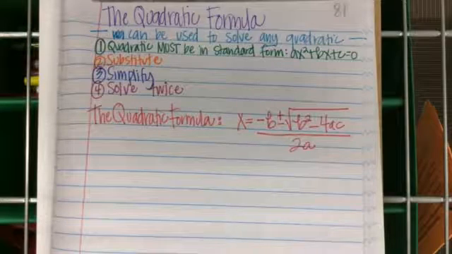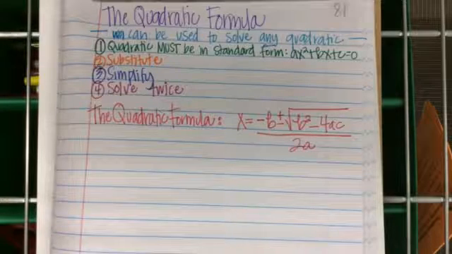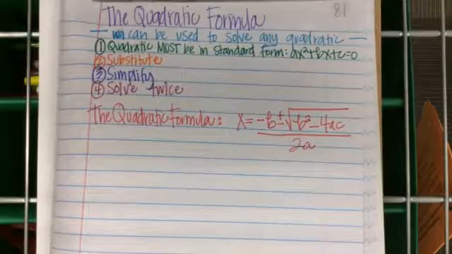So, again, it's x equals negative b plus or minus square root of b squared minus 4ac all over 2a. But again, we have discovered Pop Goes the Weasel, not the hippest song.